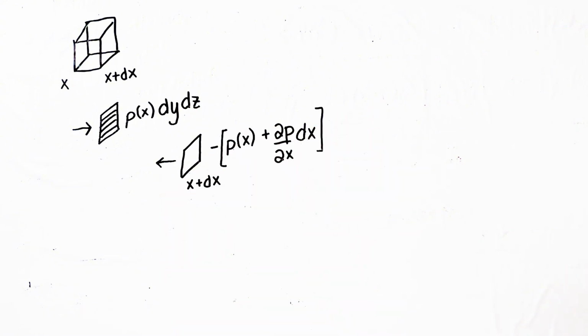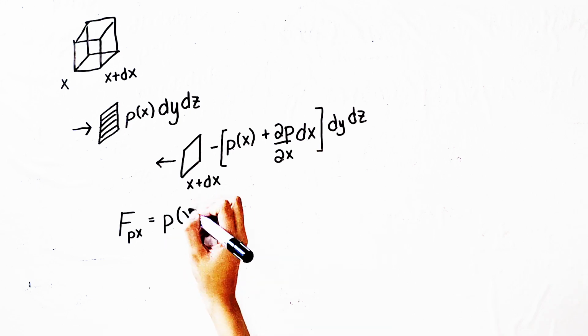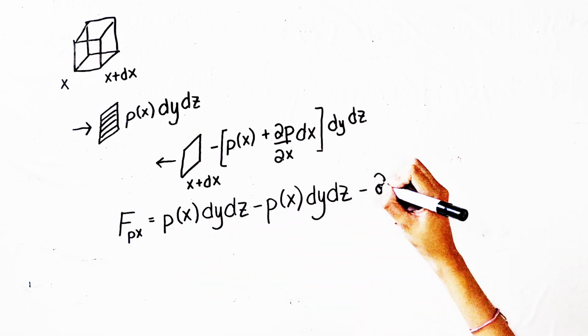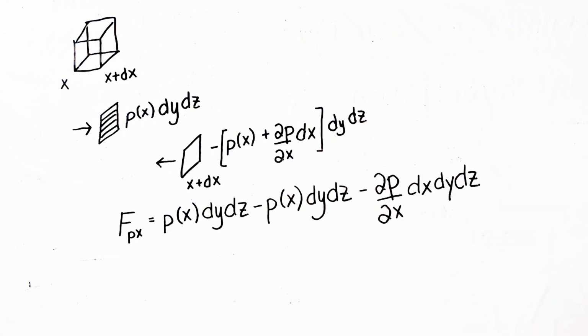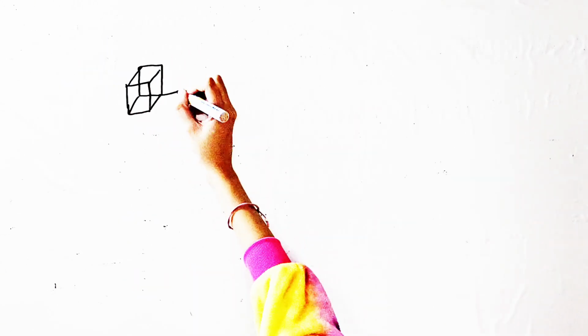Taking once again the area, you multiply it by dy dz. And then we add the forces due to pressure on both of these faces. And after cancelling out P of x, we are left with negative partial of p with respect to x dx dy dz. So let's just write that down again.